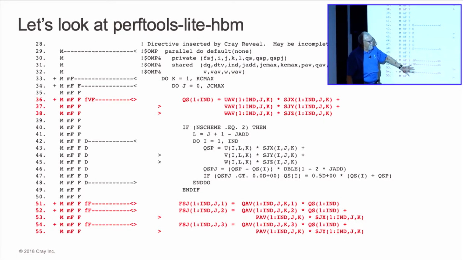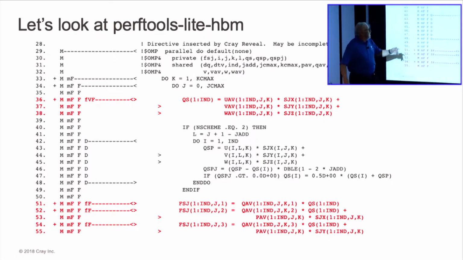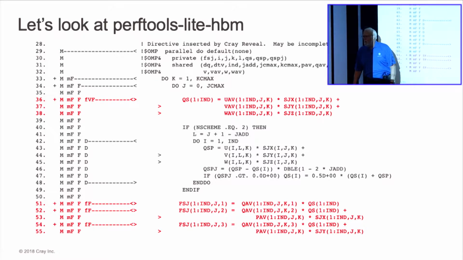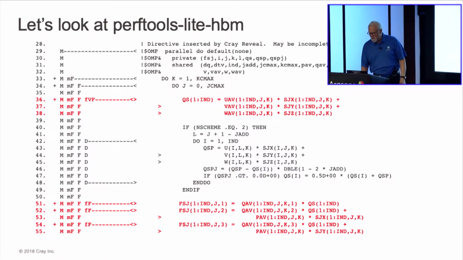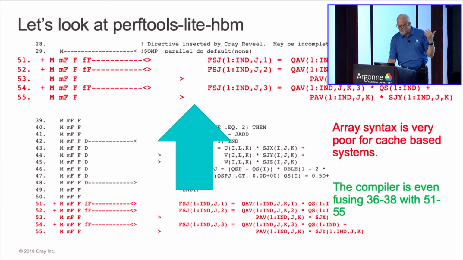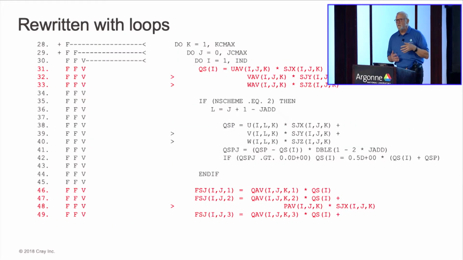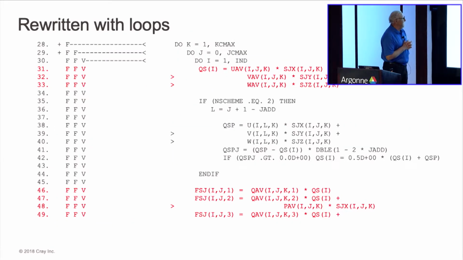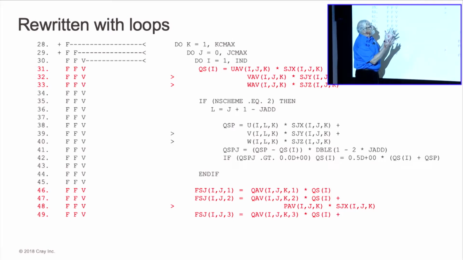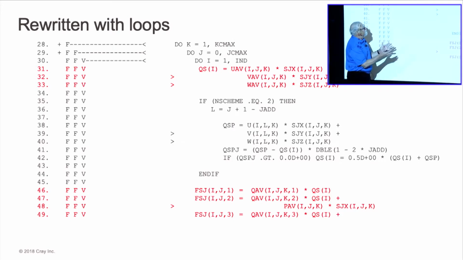Now, this little f says that this was fused with that. But the compiler's trying to do good, but it just can't do as good as the do loop. So I just took all the array syntax out and put in nice, clean Fortran loops.